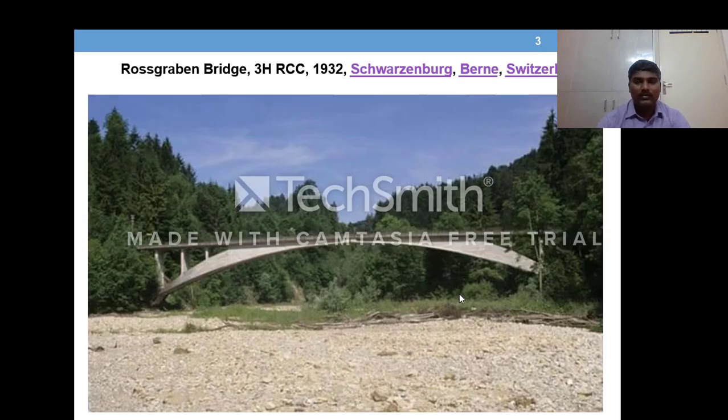Let us see some examples of how an arch really looks. You might have seen many arches when you visit monumental places. In the olden, age-old structures, the arch shape is very common.